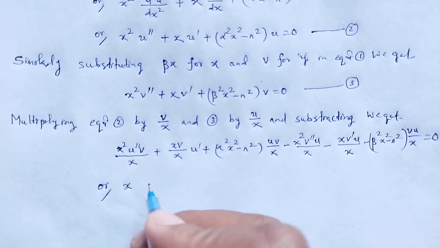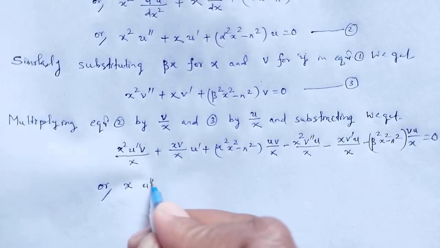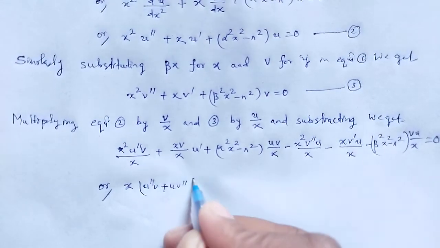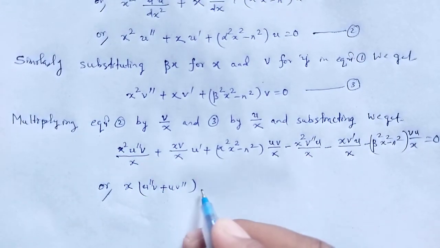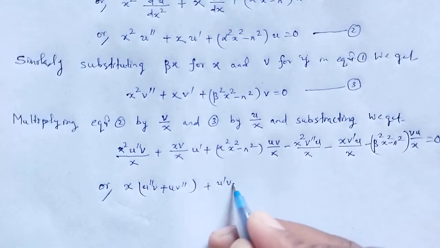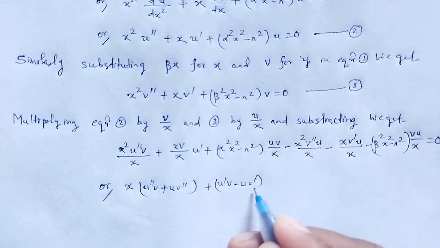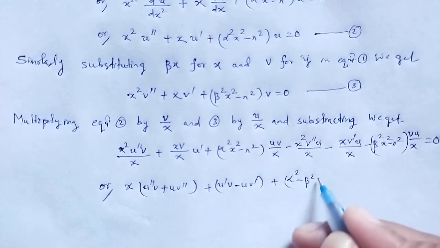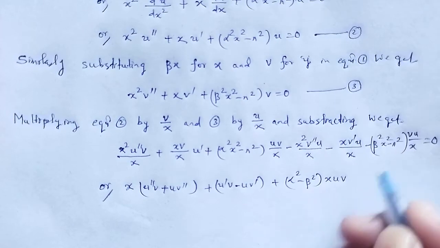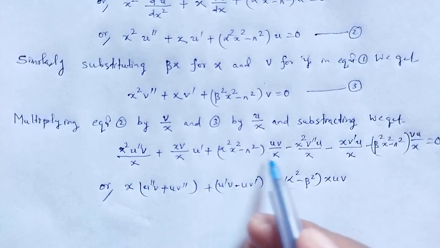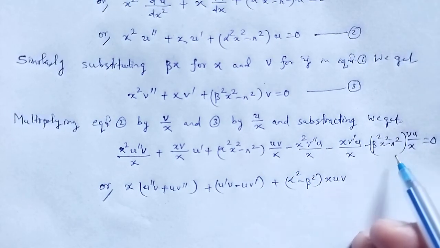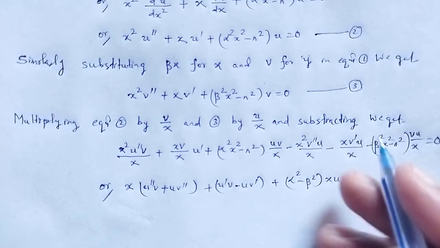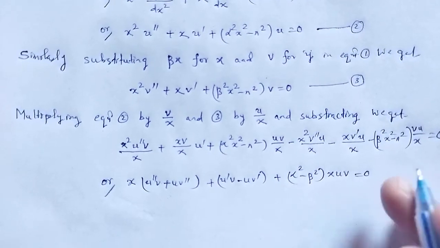Finally we achieve x into (u double dash v plus u v double dash) plus (u dash v minus u v dash) plus (alpha square minus beta square) x u v is equal to 0. When we expand these two brackets, 1 x cancels out, here also 1 x cancels out, therefore we take x u v common.